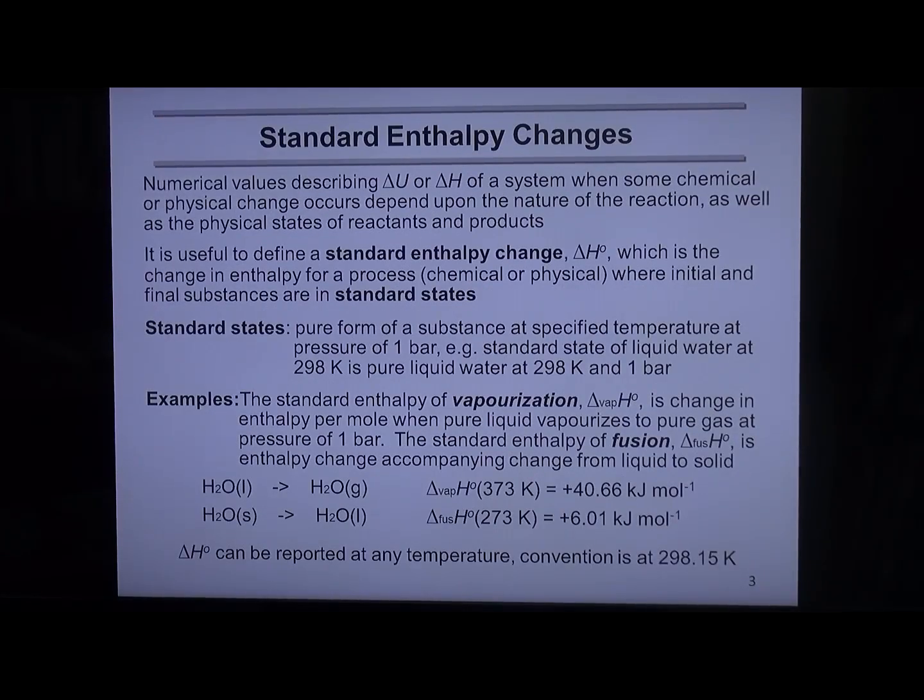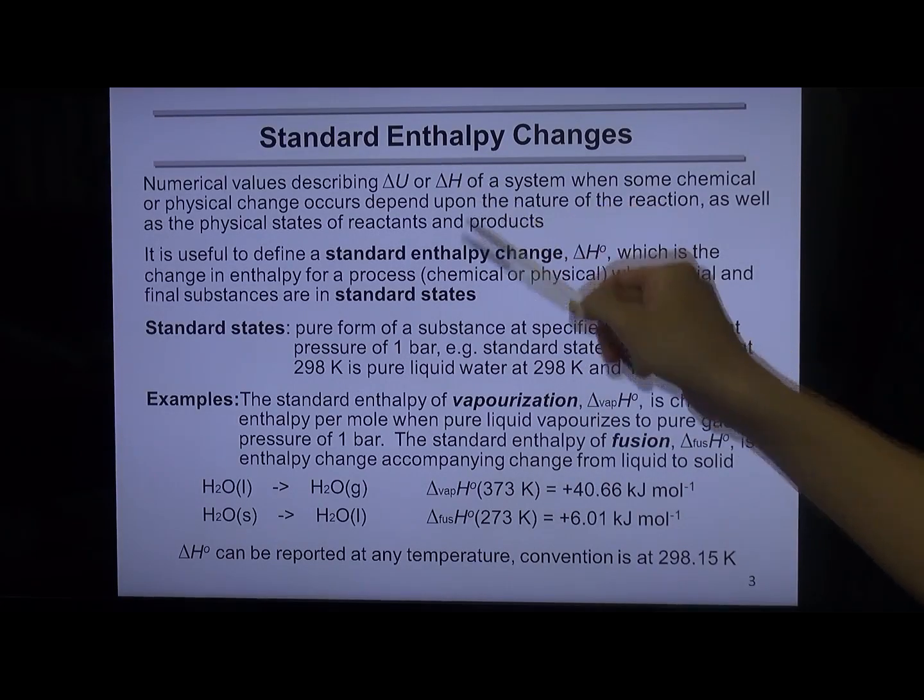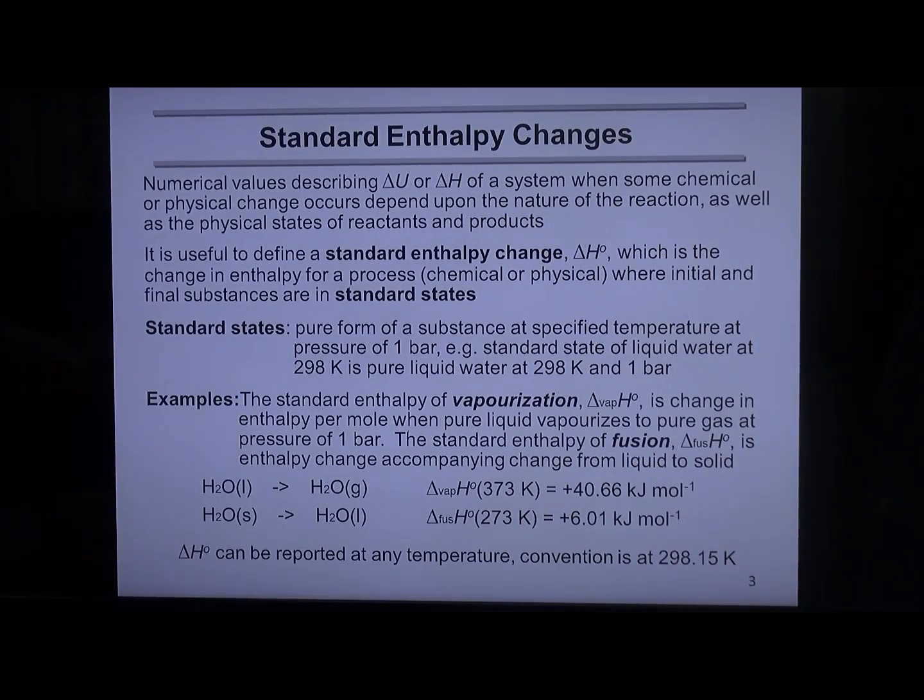So, when chemical reactions occur, there will be enthalpy change, right? And the amount of enthalpy change will depend on many different factors. How many reacting contents are present, temperature, pressure, etc. Right?